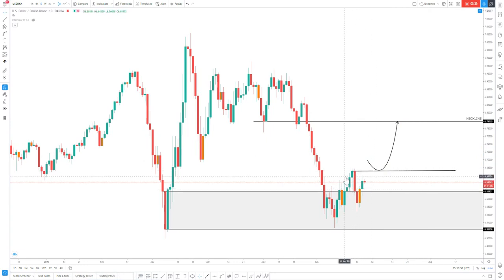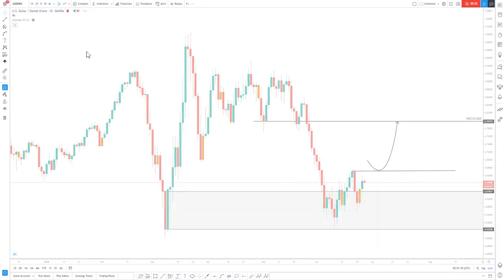We can see it has been creating a series of higher highs and higher lows, so I expect another higher high, then a higher low back into this area of structure right here. If it does break this value high and come back for a retest, I will look to major into this area, like to buy back into this area.